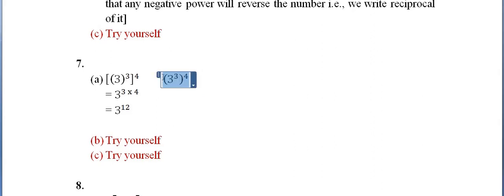It is the same thing whether you write this way or this way, both are correct. Whether you write this or this, your answer will be same because you have to use the same property, 3 into 4. Now let us go to question number 8.